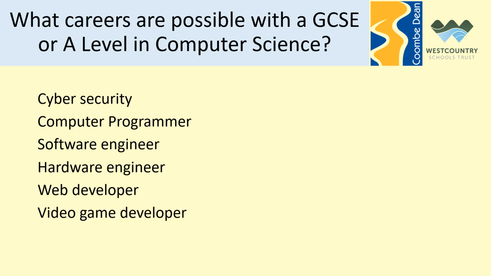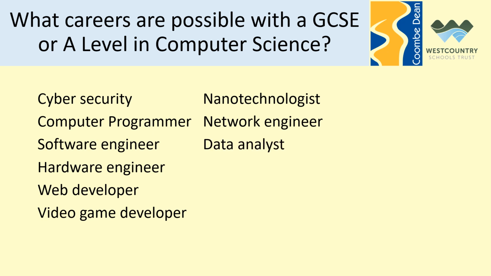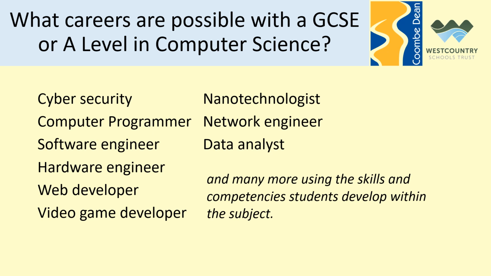Of course, there are areas such as video game design and development, new areas such as nanotechnology, which are being developed all the time. Network engineer, working with computers and systems that link together, data analyst, and so many more different skills that students will be able to access through qualifications in this subject.